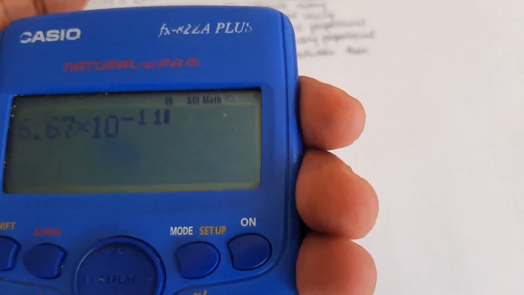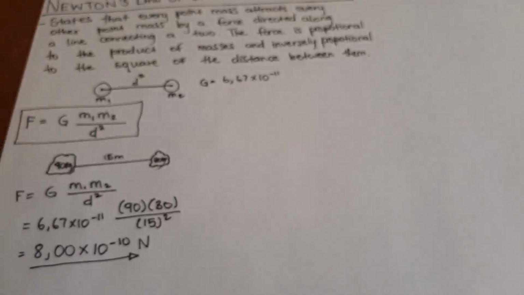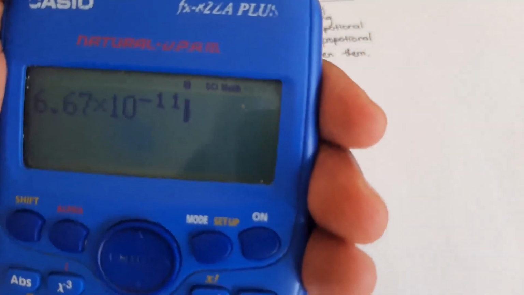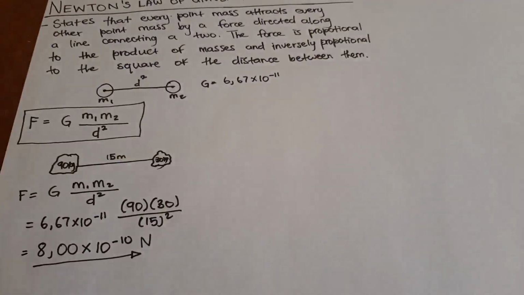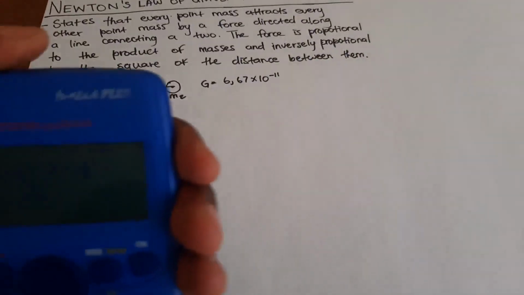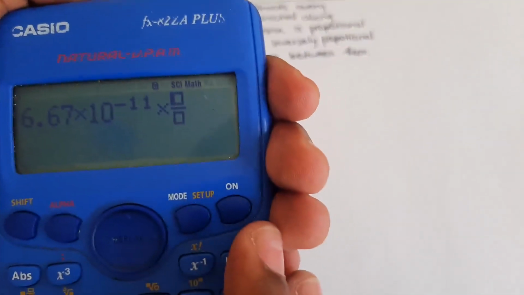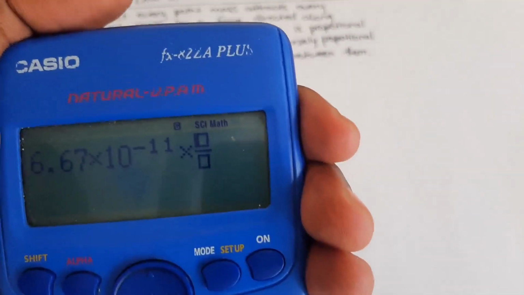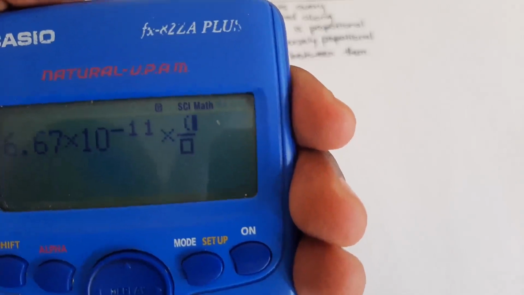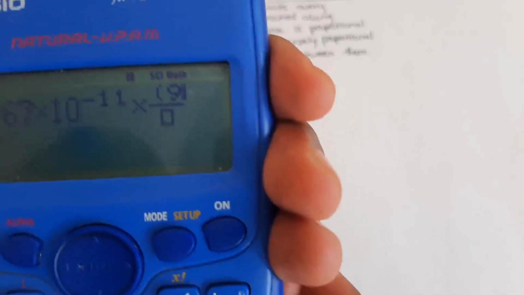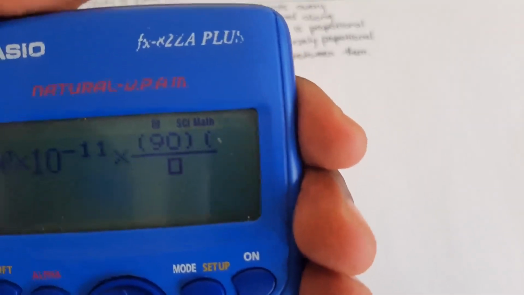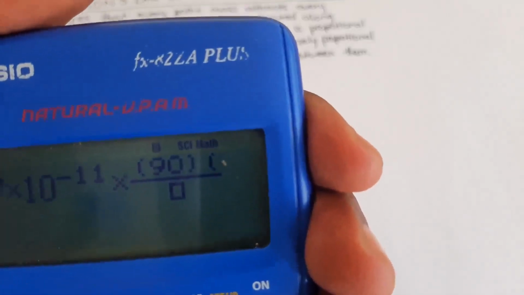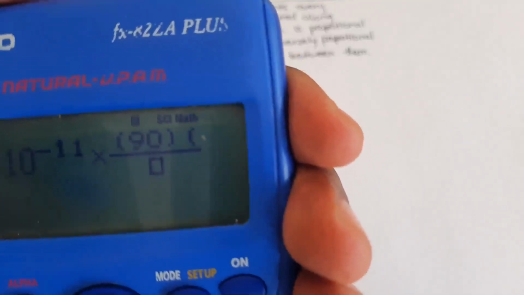I hope you can see that. After that you can press multiply, because that is multiplying with our fraction there, and put a fraction. After putting a fraction, you can also open bracket and put 90, and write down that on the board as it is.